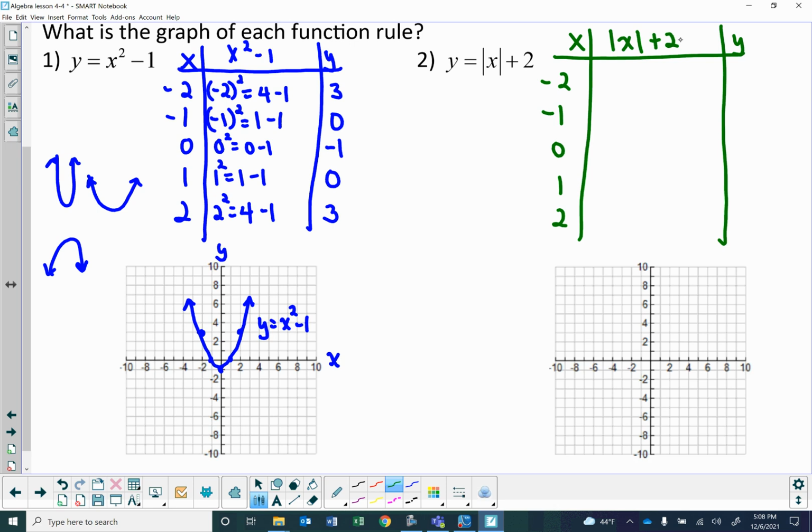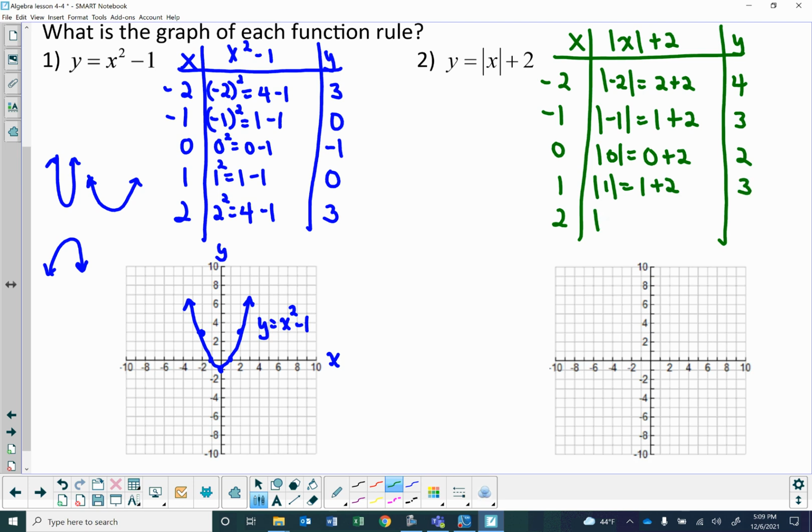So this says, take the absolute value of -2, which is 2, plus 2, which is 4. And I'm going to take the absolute value of -1, which is 1, plus 2, which is 3. Then the absolute value of 0 is still 0, plus 2 is 2. Absolute value of 1 is 1, plus 2 is 3.